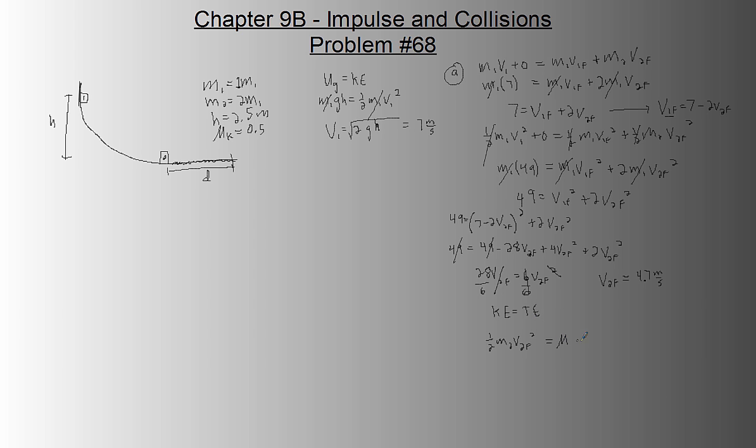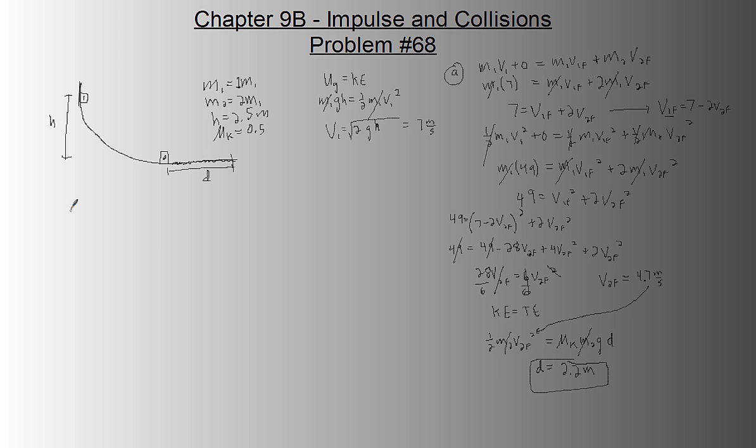Force of friction is mu k times the normal force, which is just mg, so m2 times g times the distance. m2's cancel, stick 4.7 in here, square it, 9.8. Mu k is 0.5. I'm just going to solve for d real quick. I don't want to plug those numbers in, because you can do that right now while you pause the video. So we get d is 2.2 meters.